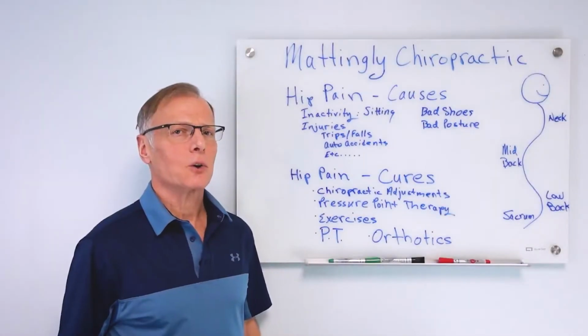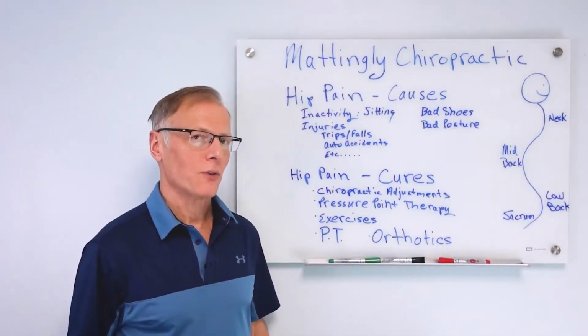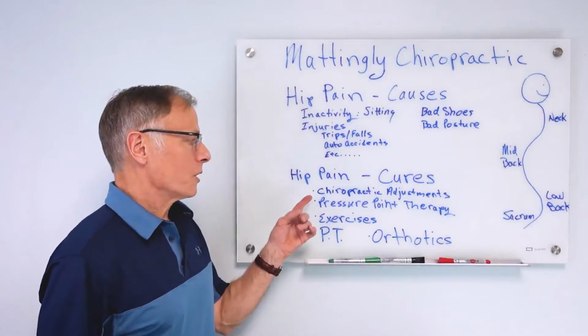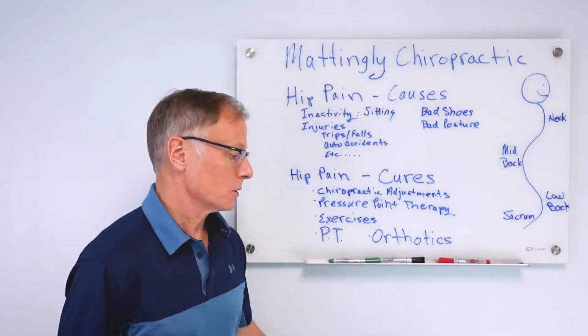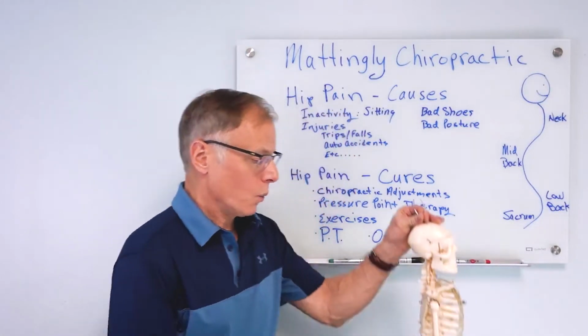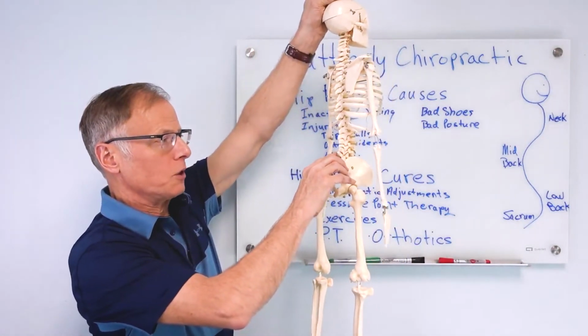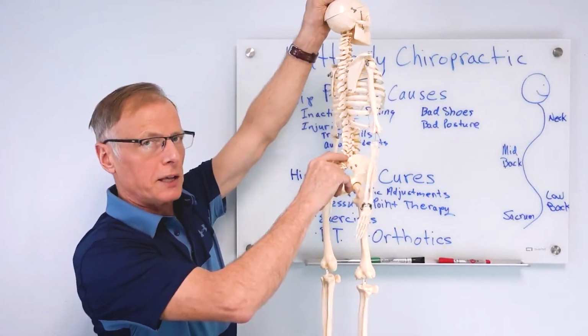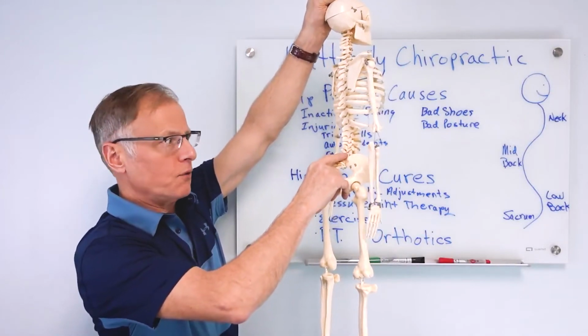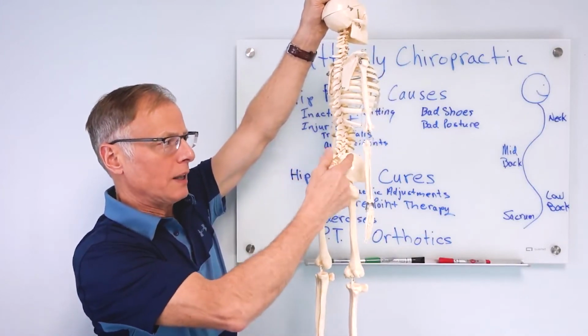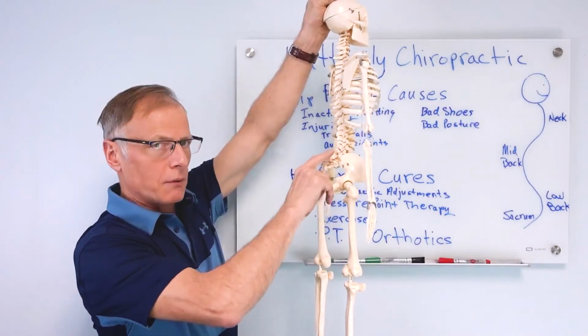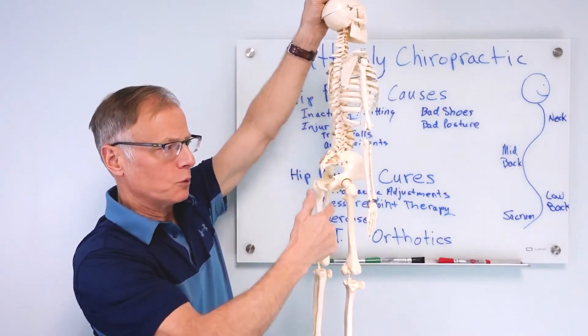All right, so let's go over some cures for hip pain. First, there is chiropractic adjustments. When the spine gets out of alignment, when these lumbar vertebrae twist to the left or to the right, when the sacroiliac joint doesn't function properly, you have the sacrum and the ilium out of alignment, and that can create problems with this whole hip.